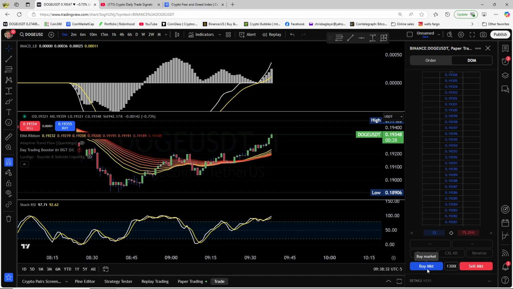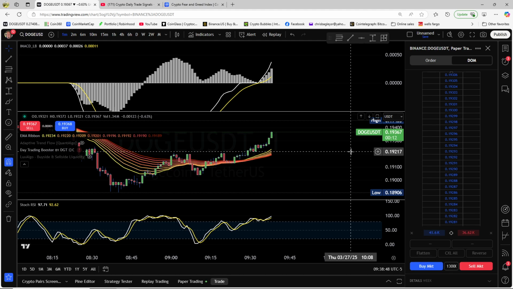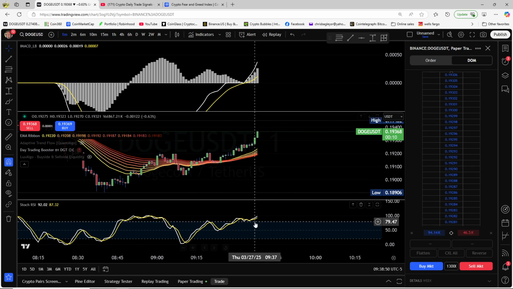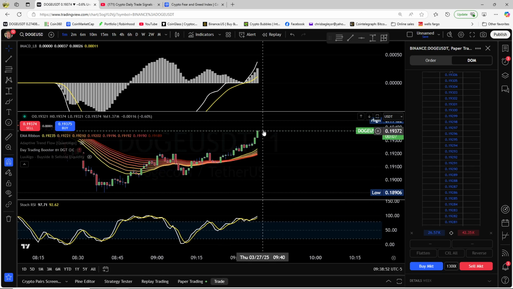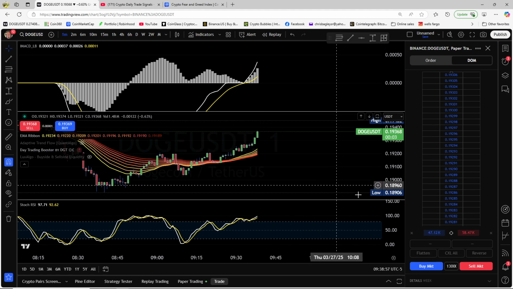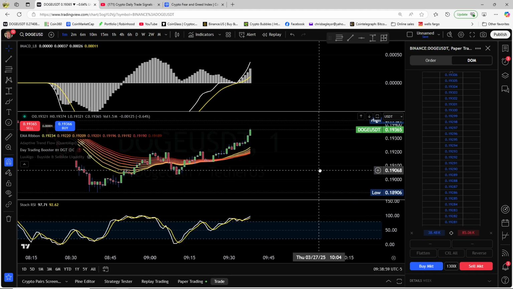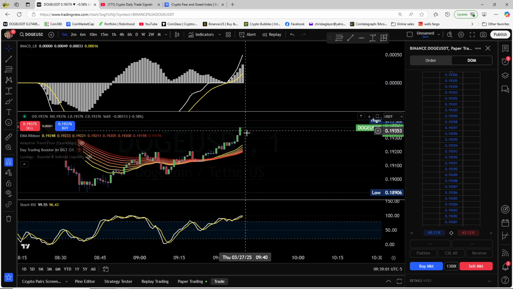Oh, man. Missing out on an opportunity here. It's okay. Let this thing keep going up because eventually it's going to come down. The higher it goes up, the better chance I have of taking a short on this. And believe me, I'm going to take a short because I want to make profit on the way down too.